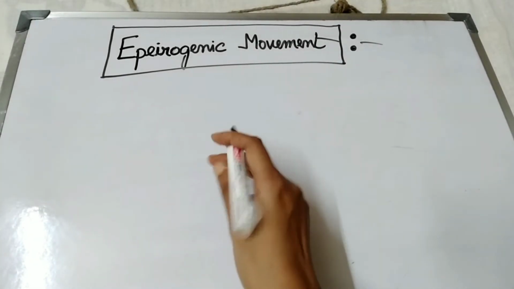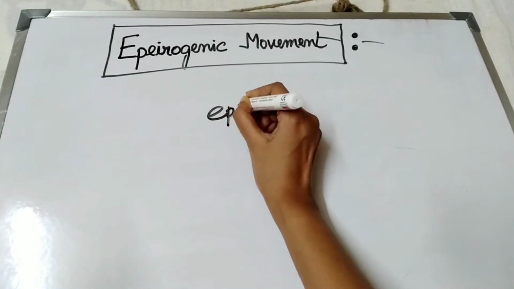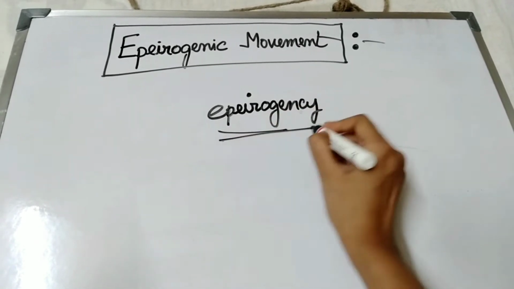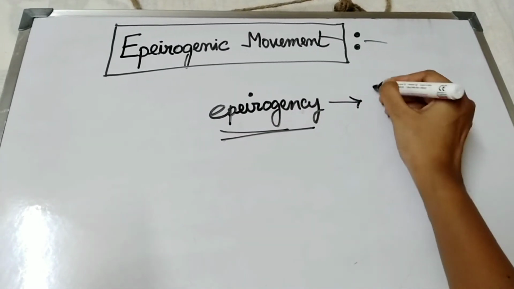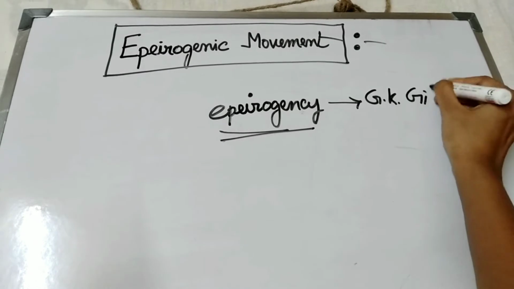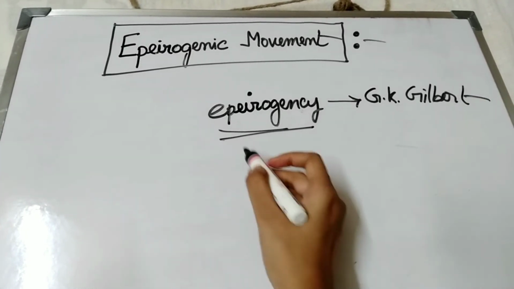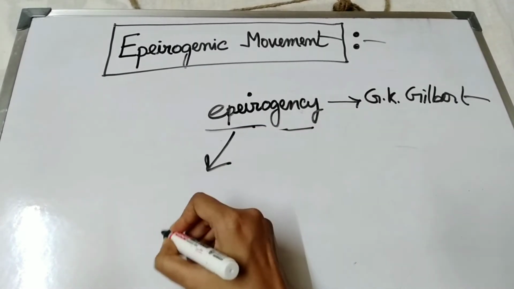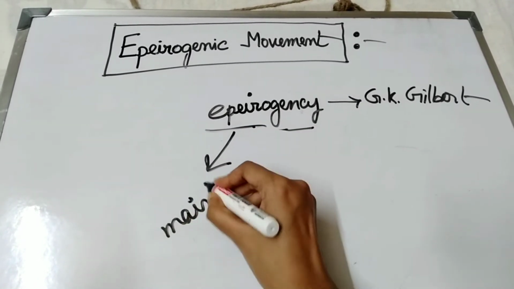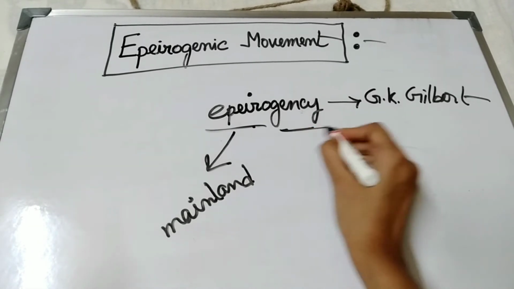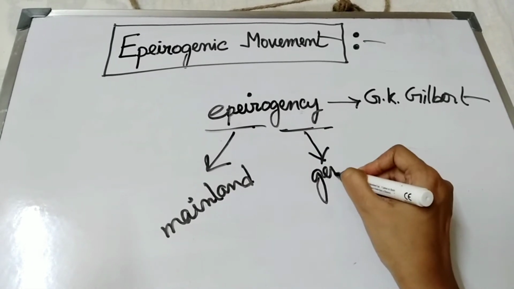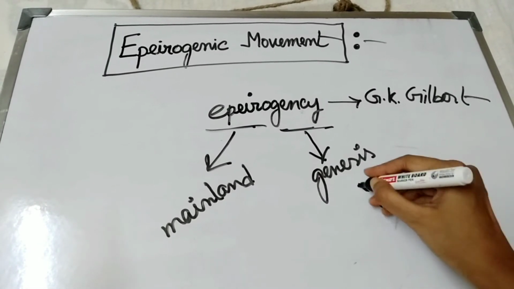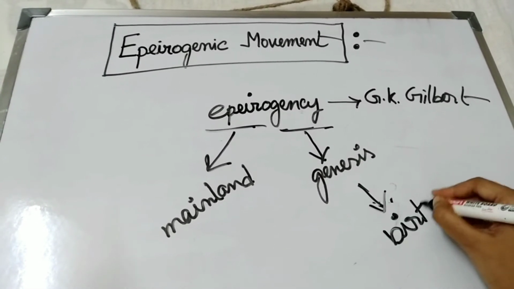The word epeirogenesis comes from Greek and was coined by G.K. Gilbert. Epeiros means mainland, and genesis means birth.